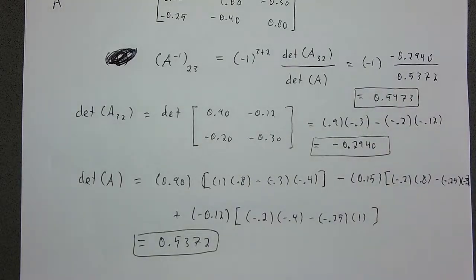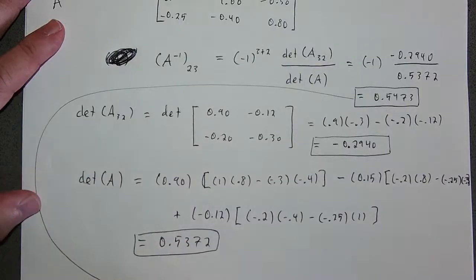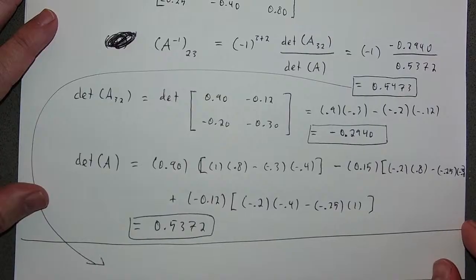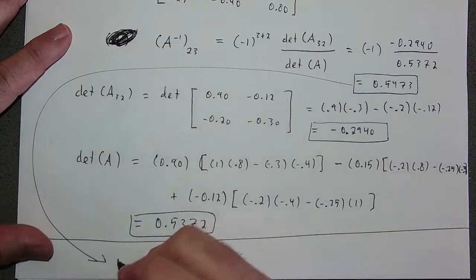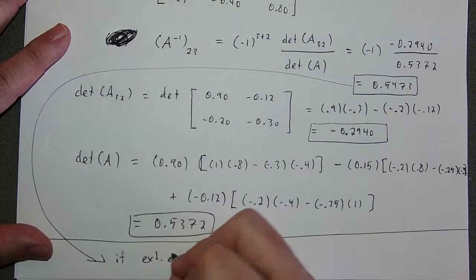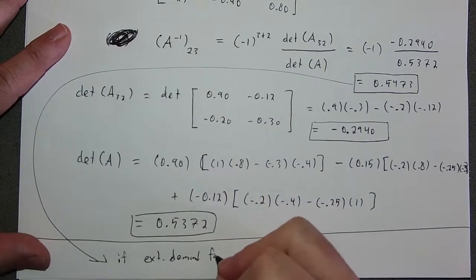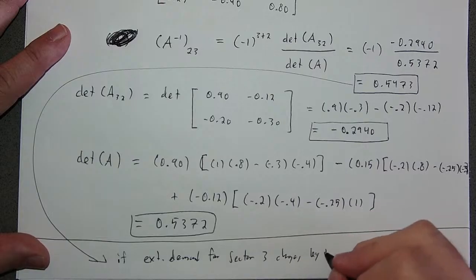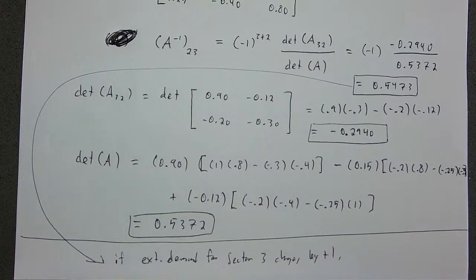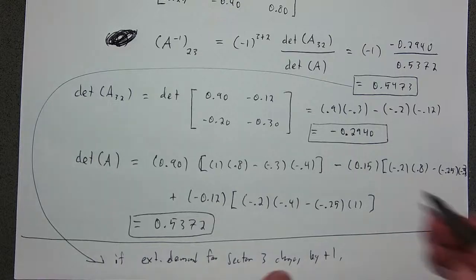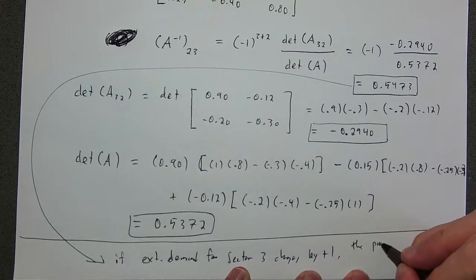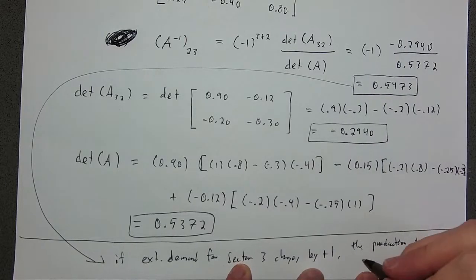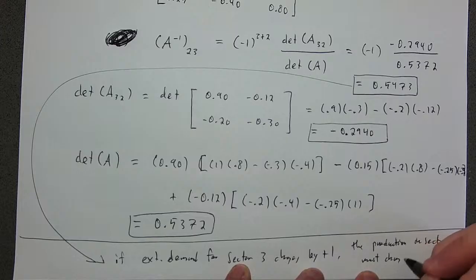So what does that mean? Computing this means that if external demand in sector 3 changes by +1, the production in sector 2 must change by that amount to accommodate.